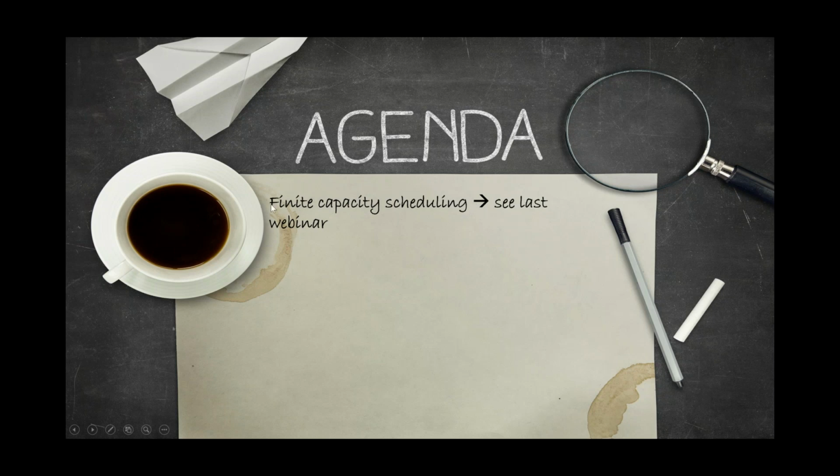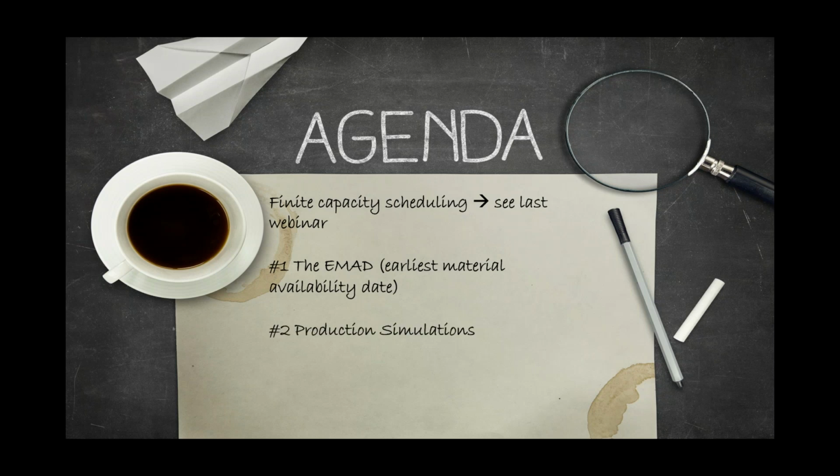There you find a webinar from 2 weeks ago that was 60 minutes plus a little bit on finite capacity scheduling. So the other 3 points that make the Visual Advanced Production Scheduler advanced are first, what we call the EMAT, the earliest material availability date. Second, what we call production simulations, and third, alternative machine centers.